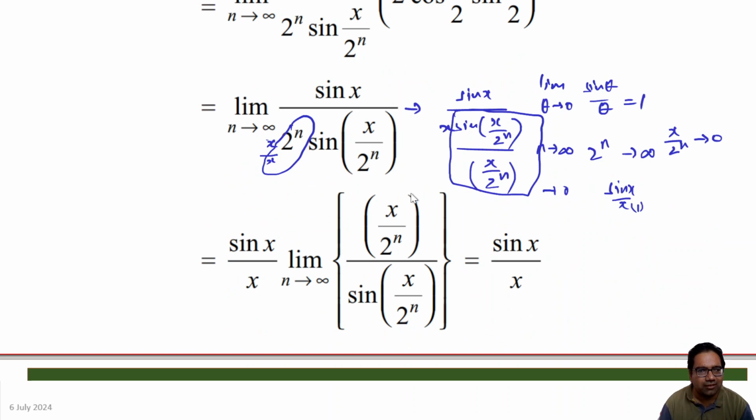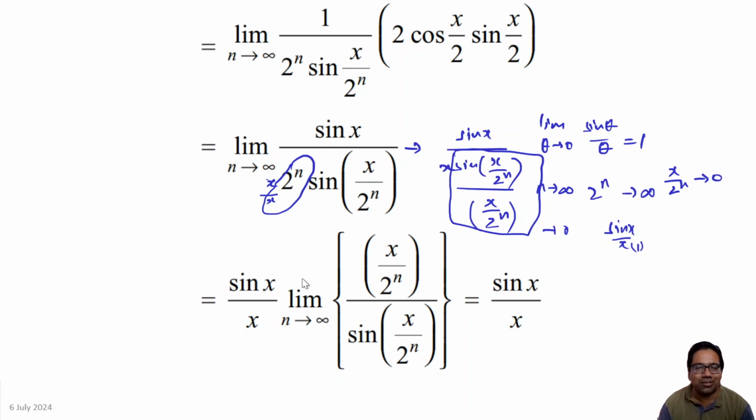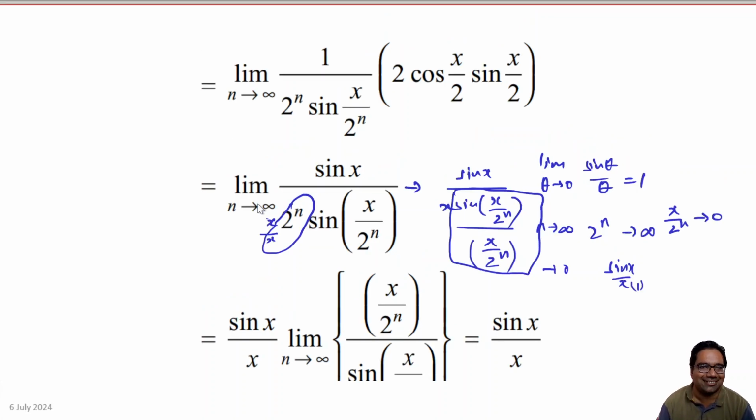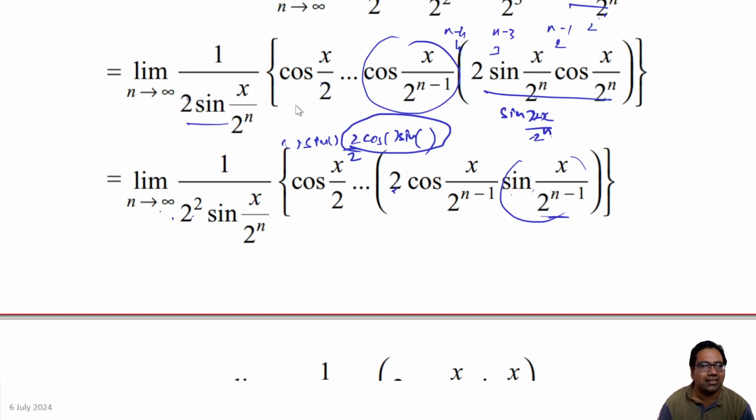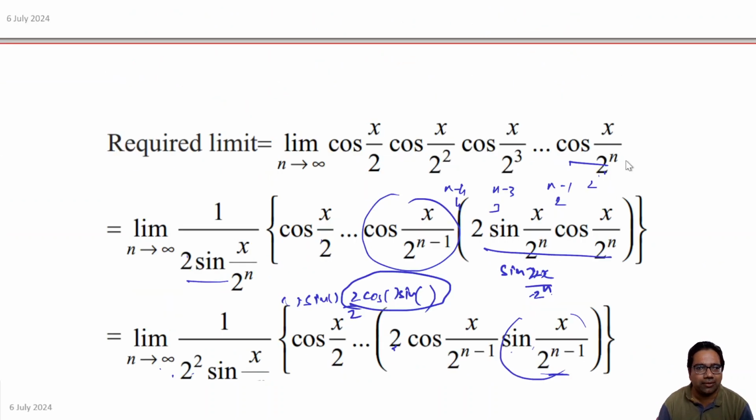That is what we have done here. We have put it in the reverse way also, it doesn't matter. Sin x by x will be left. So ultimately the limit is equal to sin x by x. The little trick here is to identify that these terms are growing in this ratio.